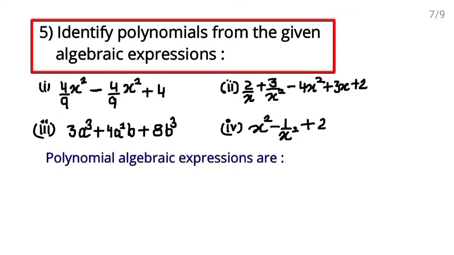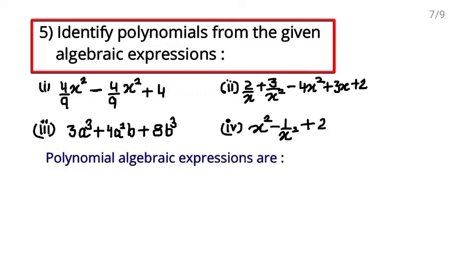Next question number 5. Identify polynomials from the given algebraic expressions. They have given some algebraic expressions and they are asking to find the polynomials. Before finding polynomials, let's just recall polynomials. What is polynomial? होता क्या है polynomial? Any algebraic expression having more than one term, कोई भी algebraic expression जिसमें one से ज़्यादा term हो, called polynomial.